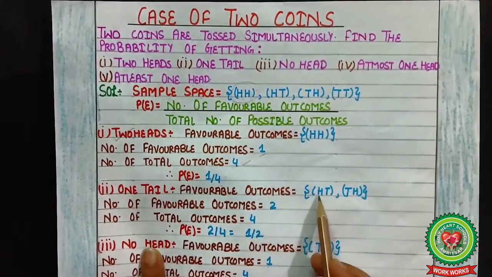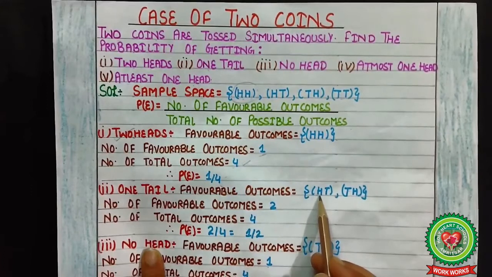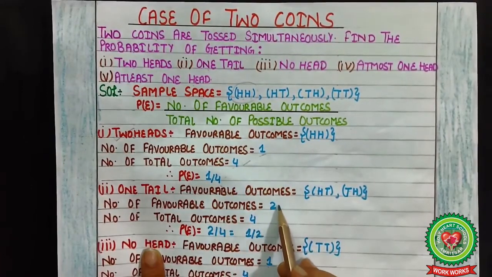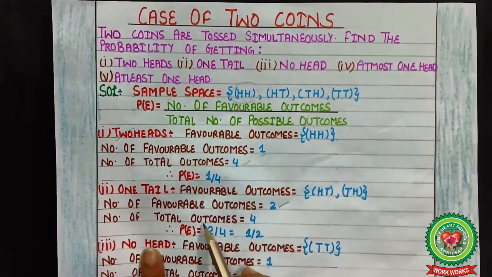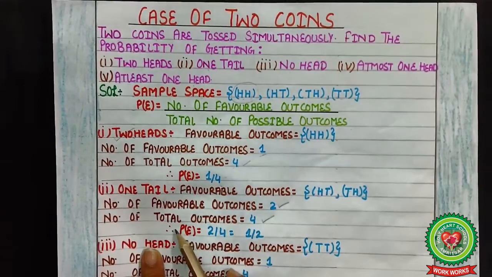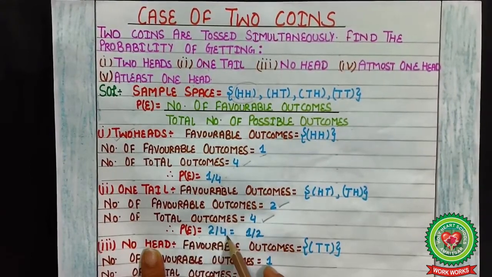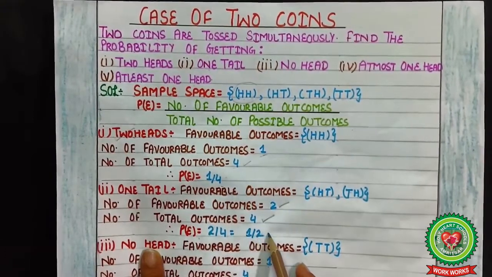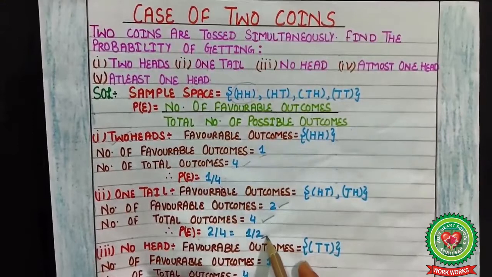So for 1 tail, favorable outcomes are HT, TH. So the number of favorable outcomes is 2 and the number of total outcomes is 4. Therefore P of E is equal to 2 upon 4, and after cutting we will get 1 upon 2. So this is the second part.